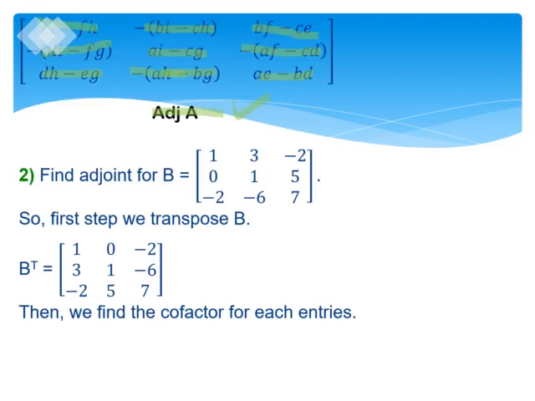Number 2, this one. So you have B: 1, 3, negative 2, 0, 1, 5, negative 2, negative 6, 7. The first step is we transpose B. And then find the cofactor for each entry.